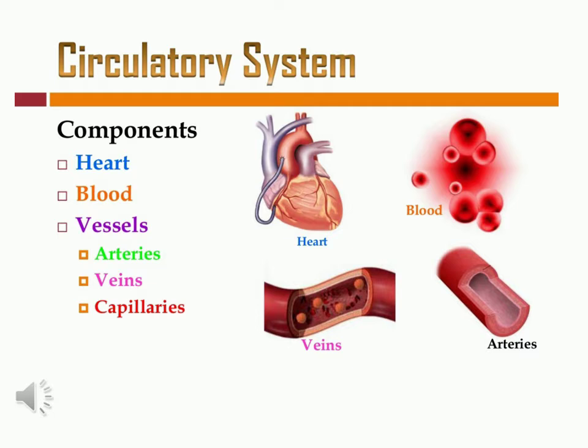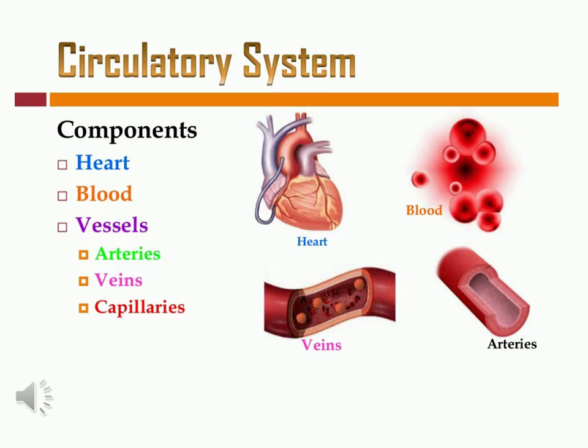It reaches all the parts of our body, all the organs, right? And the blood is made up of 3 different components as well. It has 3 different types of cells: red blood cells, white blood cells, and platelets.